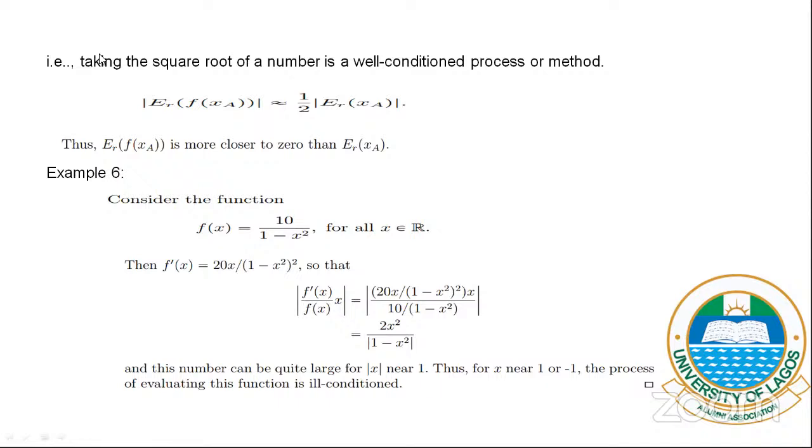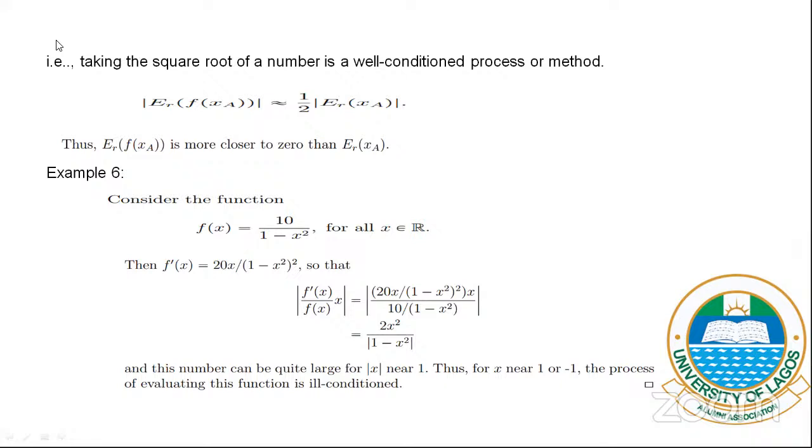Yeah. But there are also other ways you can simplify this without even using the quotient rule. To differentiate it, you can bring in the 10, then differentiate 1 minus x squared raised to the power minus 1. If you differentiate this, you have 1 minus x squared, all over minus 2, then you have minus 2x.